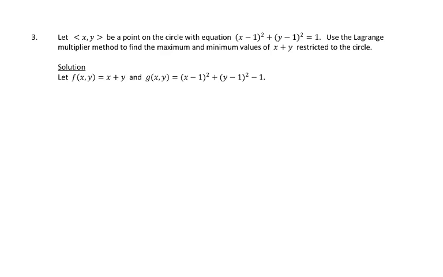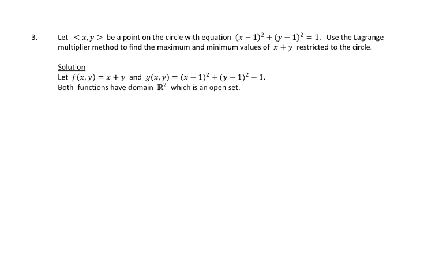So in this case, if we want to maximize and minimize the value of x plus y, it makes sense to let f(x, y) be equal to x plus y. The constraint in this case is that the point must lie on the circle with that given equation. So we use that equation to construct the second function, g(x, y) equals (x minus 1) squared plus (y minus 1) squared minus 1.